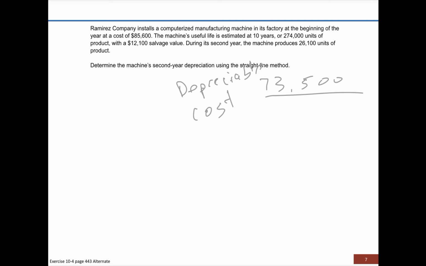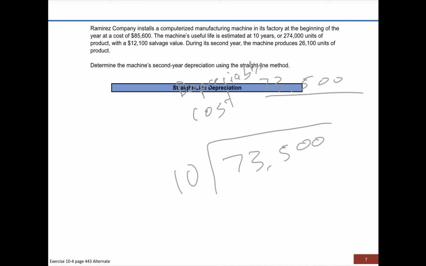So that means 73,500 divided by 10 gives me $7,350 per year for depreciation. Assuming I did the math right. There we go. I did.